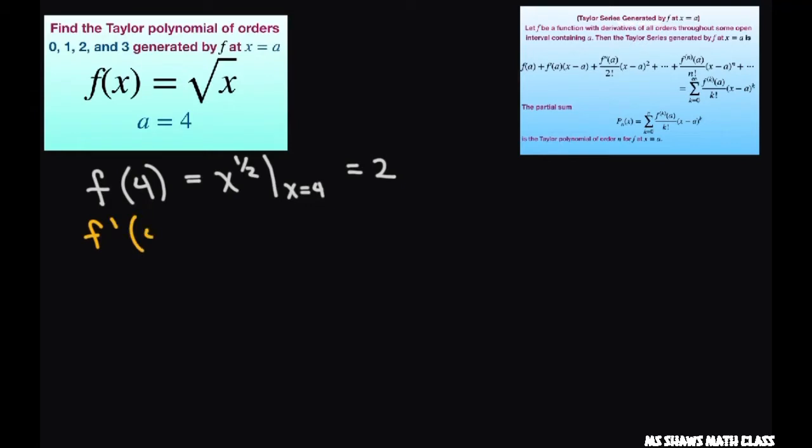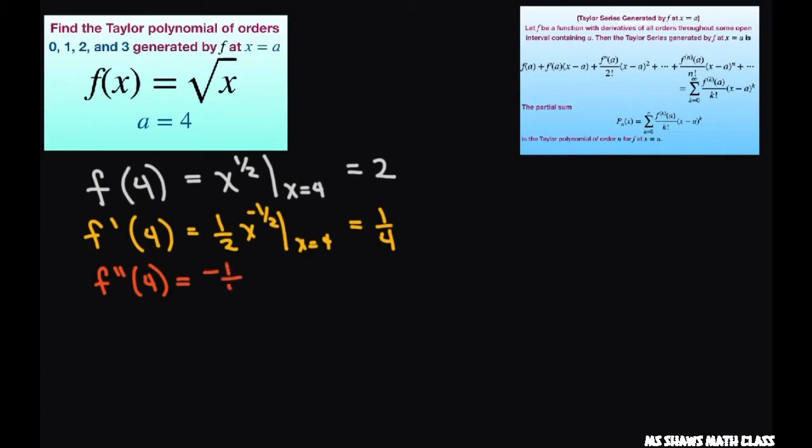F prime of 4 equals 1/2 times x to the power of -1/2. Now at x equals 4, this is going to equal 1/4. Now our second derivative at 4 is -1/4 times x to the power of -3/2.